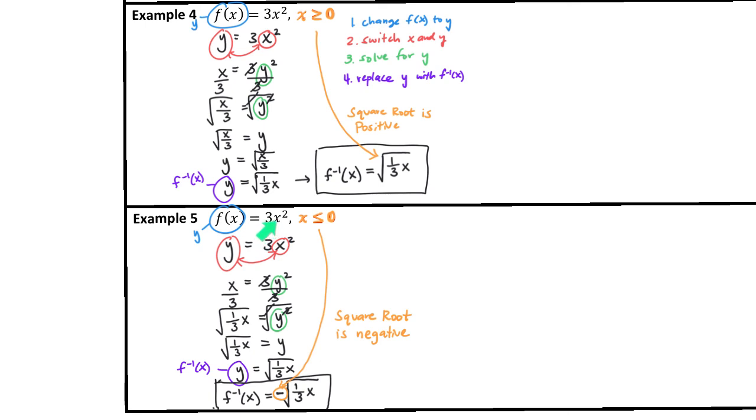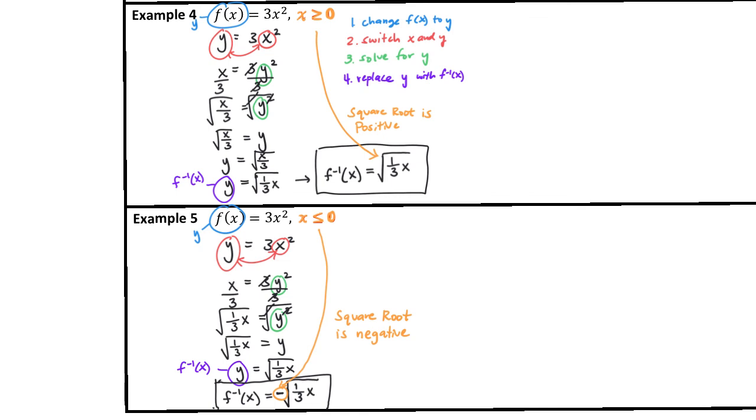Okay? The only difference is the restriction. Example 4 says greater than or equal to 0, example 5 says less than. So since example 4 said greater than, any number that's greater than 0 is a positive number, so the square root is going to stay positive. In example 5, the restriction is less than 0, so any number that's less than 0 is a negative number. So that means that the square root is going to be negative.